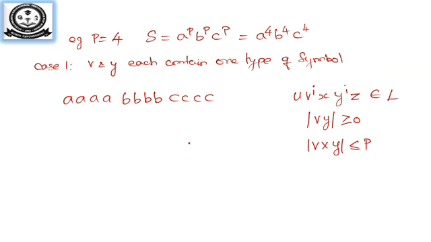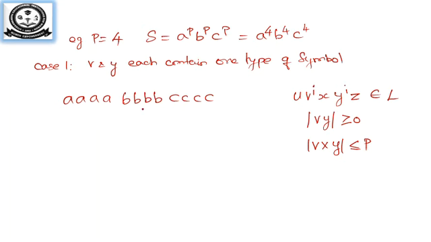These are the three conditions. In such a way we will divide the string. We can take any combination, but V should have only one terminal combination, and Y should have one terminal combination.